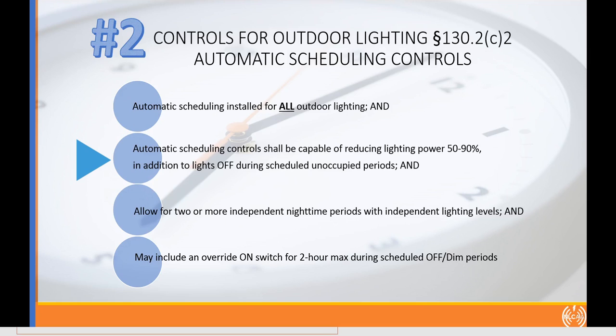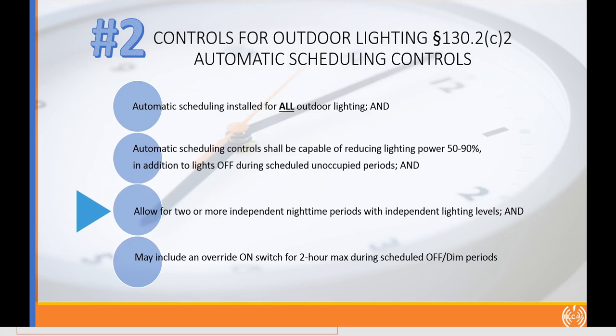Code allows that. So if we are designing our exterior lighting and creating the zones and assigning the circuits to the different areas for the exterior, we just need to make sure we have enough switch legs, enough breakout of the circuitry that we can achieve this power reduction between 50 and 90%. Code doesn't really go into much details, but the takeaway from this second statement is you could either use dimming strategy, or you could do it by circuits turning off.